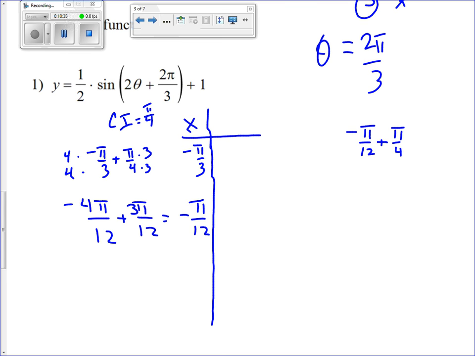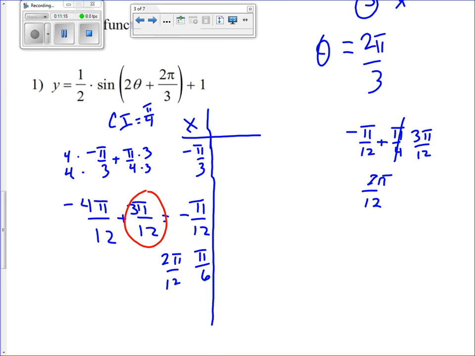Okay, but since I'm adding pi over 4 each time, and we already know this is what pi over 4 looks like with a common denominator of 12, I'm actually adding 3 pi over 12 each time. Negative pi over 12 plus 3 pi over 12 is a positive 2 pi over 12. And 2 pi over 12 reduces to pi over 6.